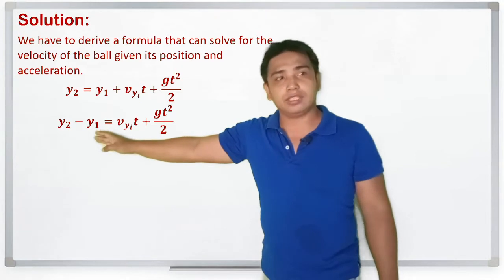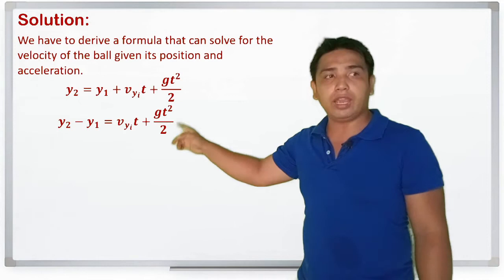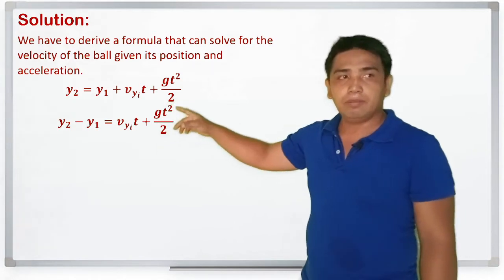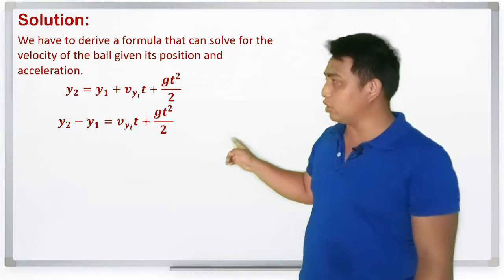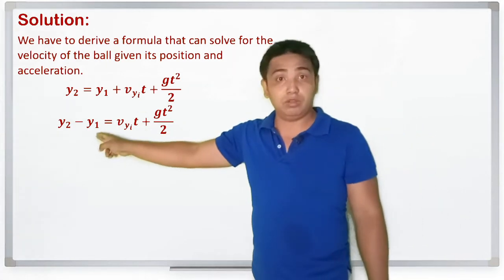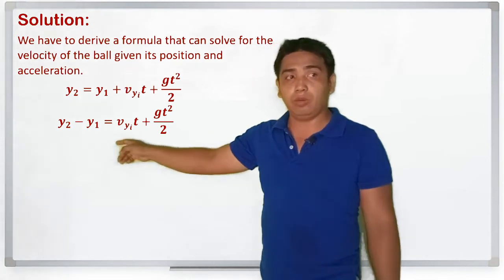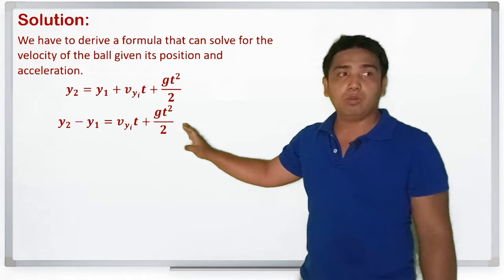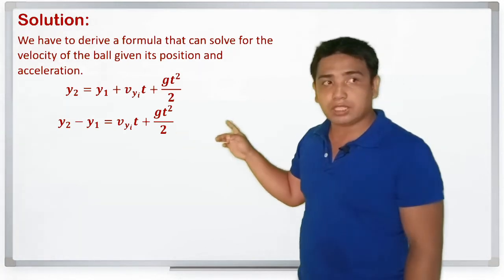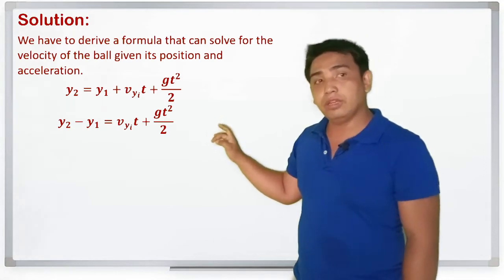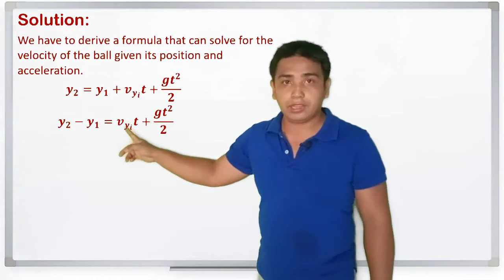So it's going to be y sub 2 minus y sub 1 is equivalent to vyi times time plus gt squared all over 2. Alright, so if you are going to check, we have the value for y sub 2, we have a value for y sub 1, which is 0 meters, and we also have the value for vyi, which is 15 meters per second. We also have the value for g, which is negative 9.8 meters per second squared.